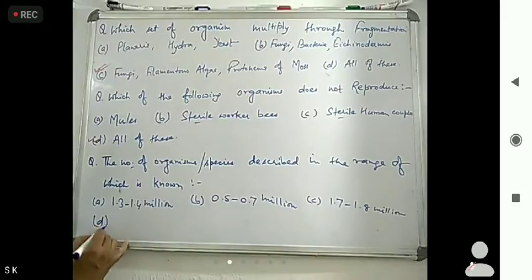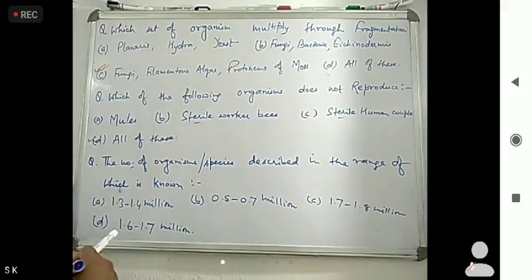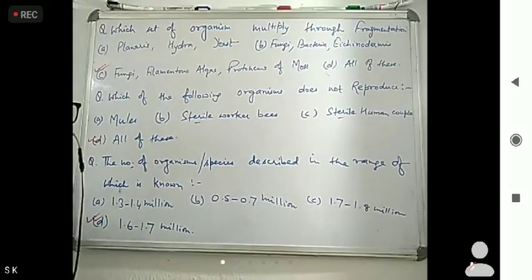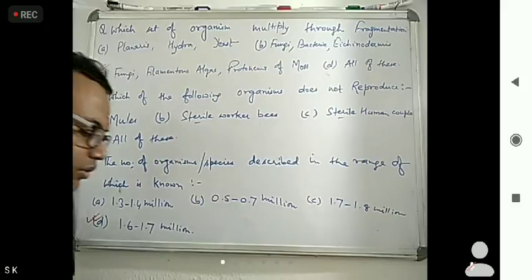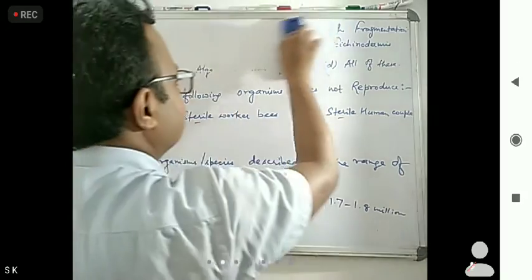And last is 1.6 to 1.7 million. Already we discussed this: 1.6 to 1.7 million species are described, that is known, well known. Okay, next question.